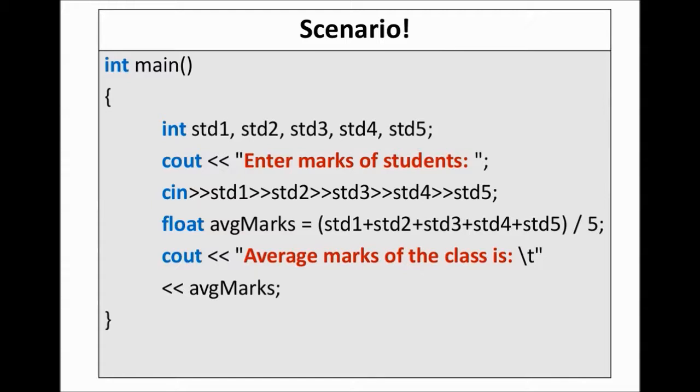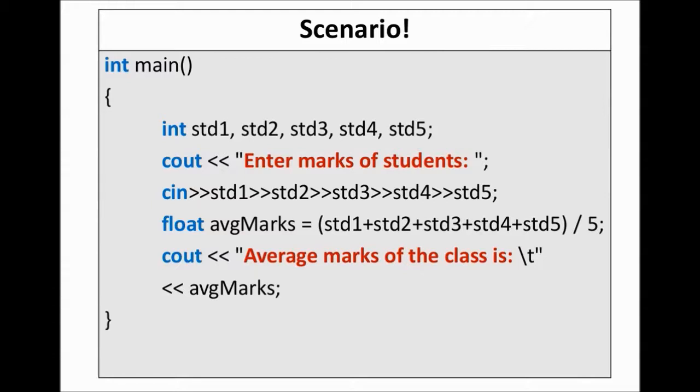In the main program, we declare std1, std2, std3, std4, std5, 5 variables with the same data type integer. Then we write "enter marks of the students", and we write cin, and we use these variables to store marks of the students. Then we calculate the average marks of these students.